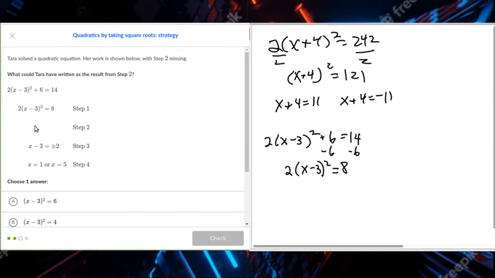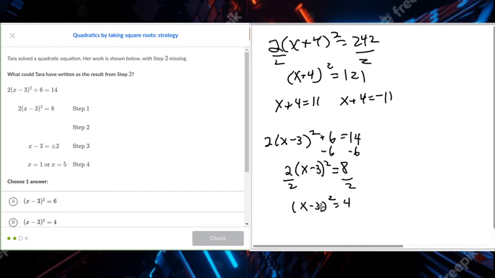So that's where we would, that's our step 1, okay. And then we're going to divide both sides by 2, and we're going to get (x minus 3) quantity squared is equal to 4. And that's probably our step 2.